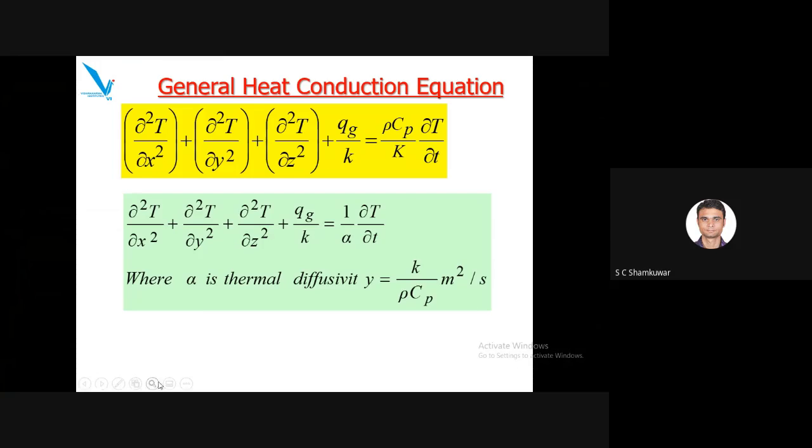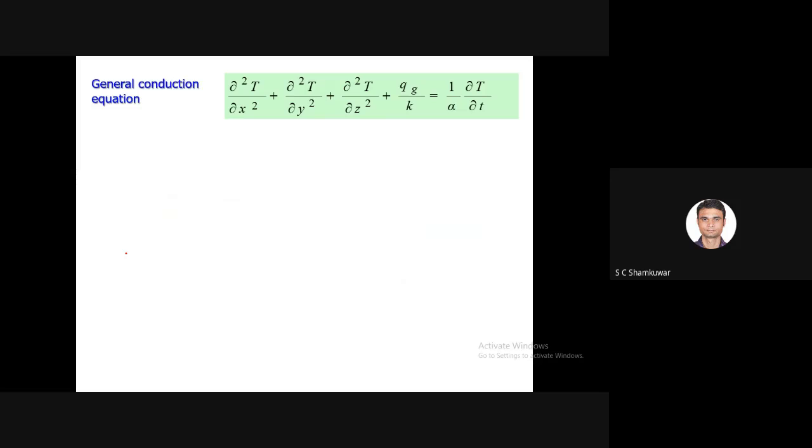Now, again I am telling you, this is the generalized heat conduction equation, applicable to all cases. Please write this down, it is very important from the GATE or any examination point of view.